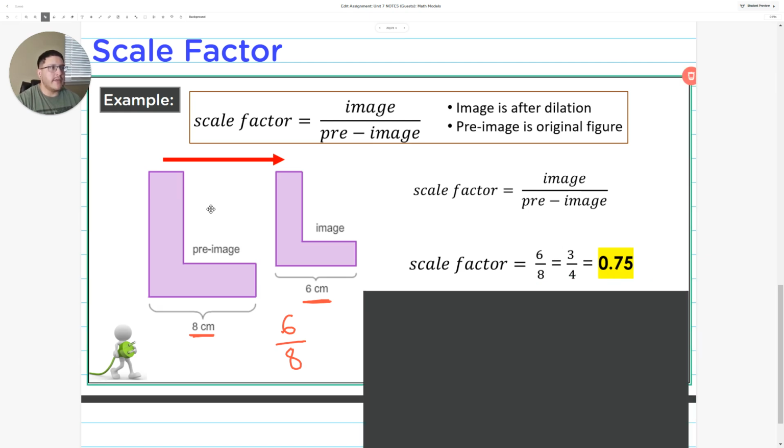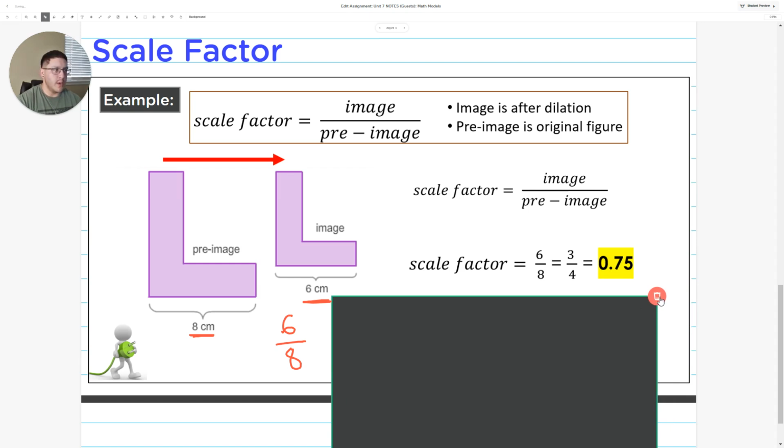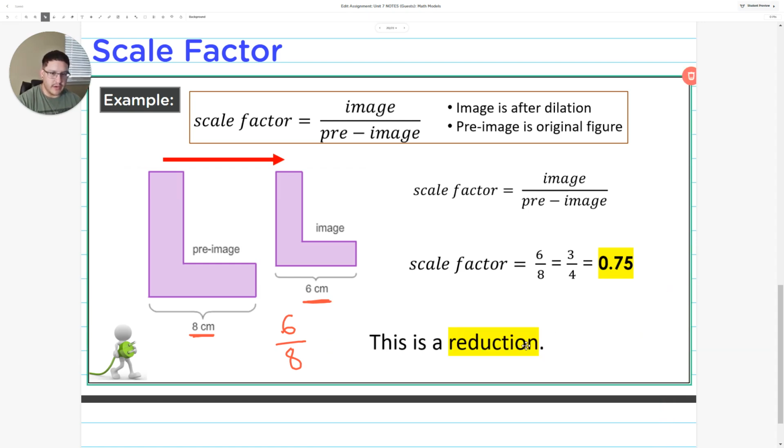Now, let's say we didn't know what the image was, or the pre-image, and we were just given the 0.75. Well, because the 0.75 is between 0 and 1, we know that this is a reduction. So this 0.75 is a reduction from pre-image to image.